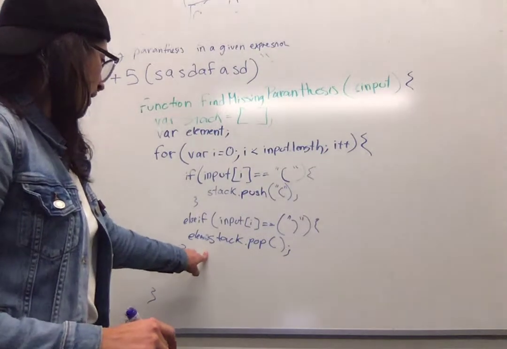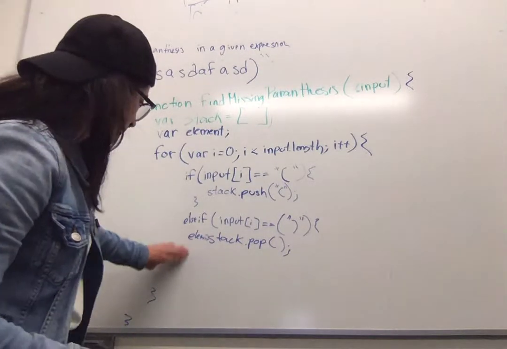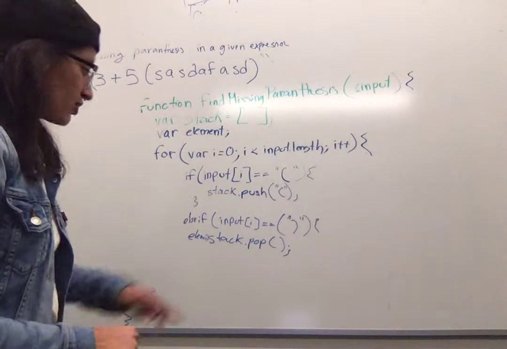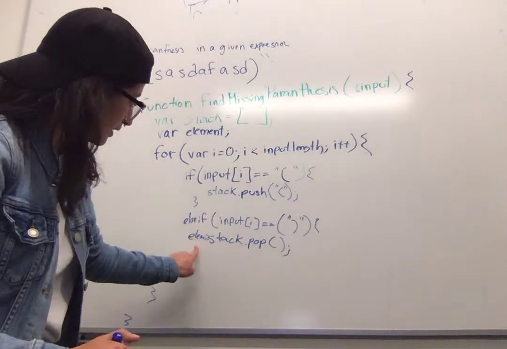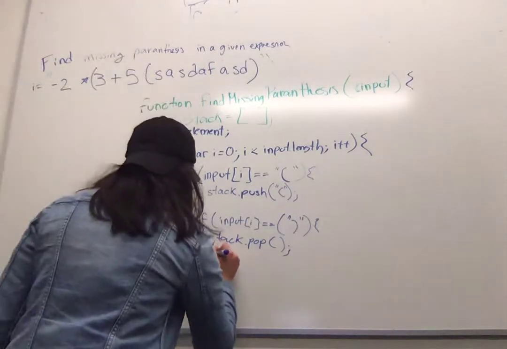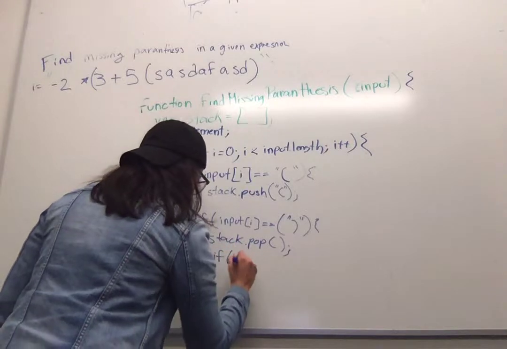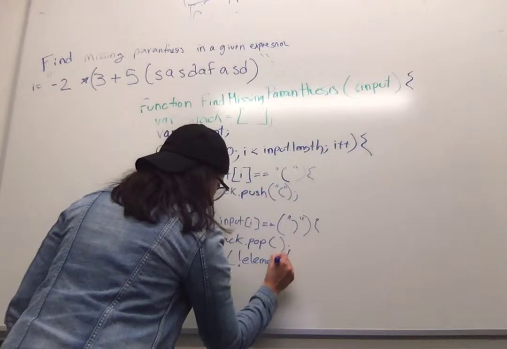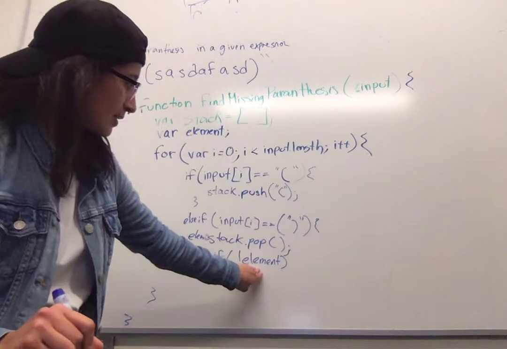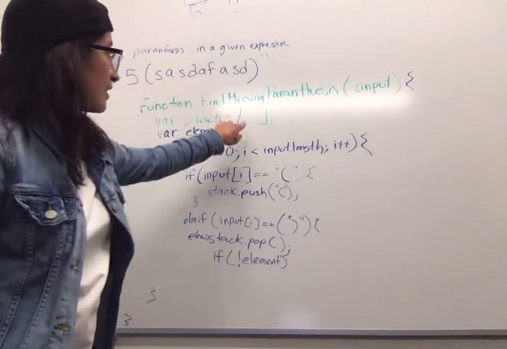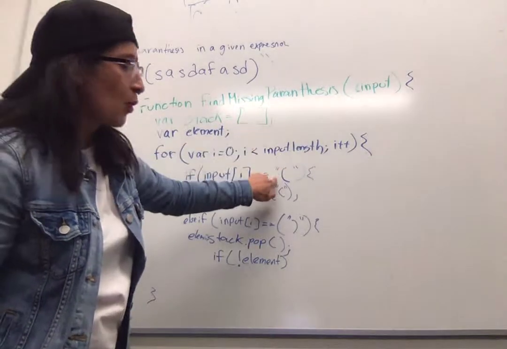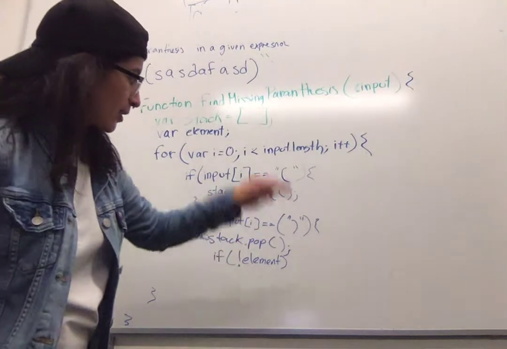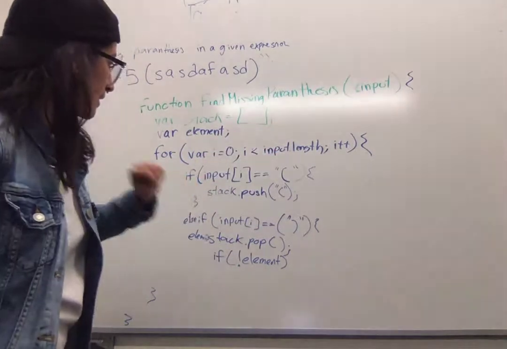Within that, we have to take into consideration, was there actually something in there? So we're going to have another if condition that checks if there's nothing in it. If there's nothing in that element, then that means that there was nothing in that stack, as in there was no opening parenthesis, meaning the opening parenthesis is missing.